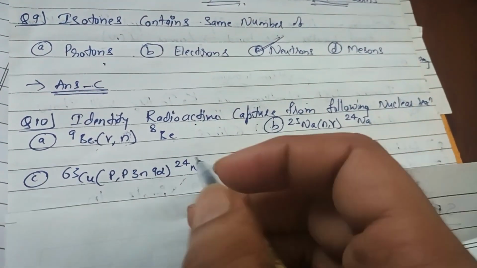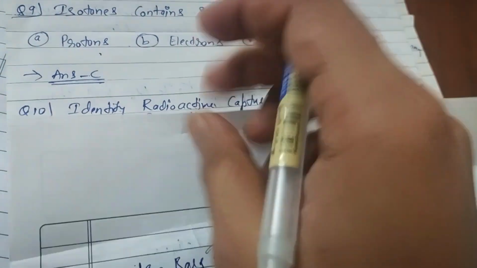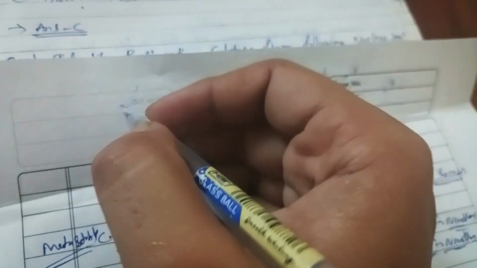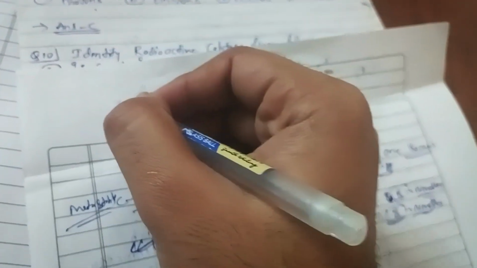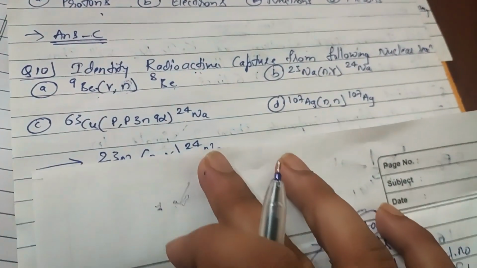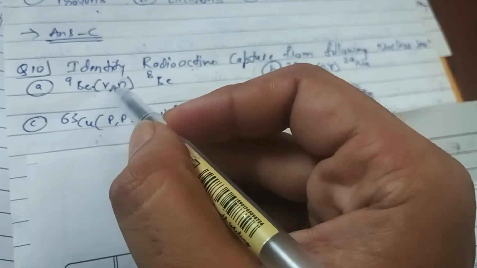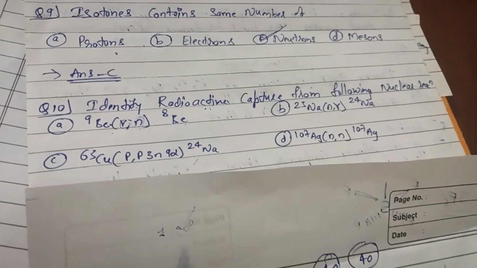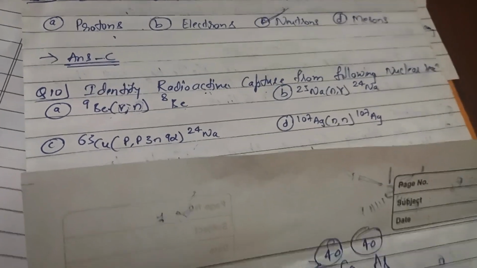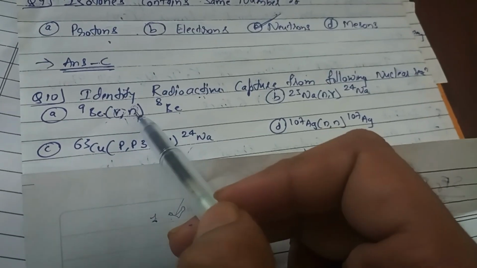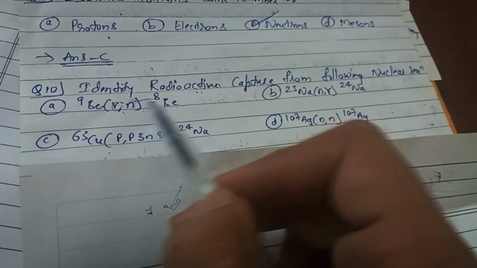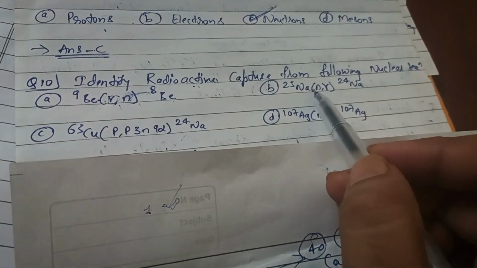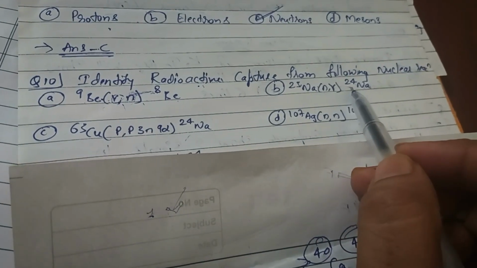Okay, here what we have to know is what radioactive capture is. In radioactive capture, gamma is entering, or neutron is absorbed and gamma is emitted.